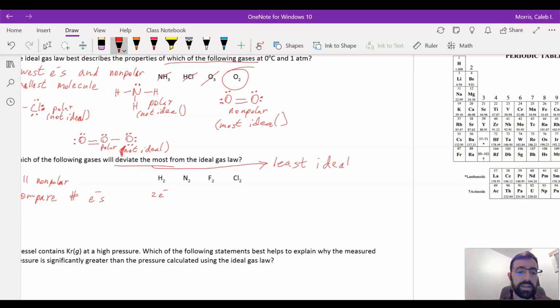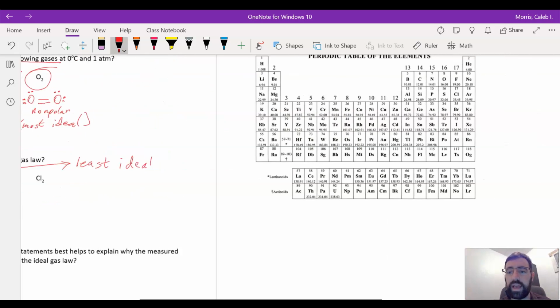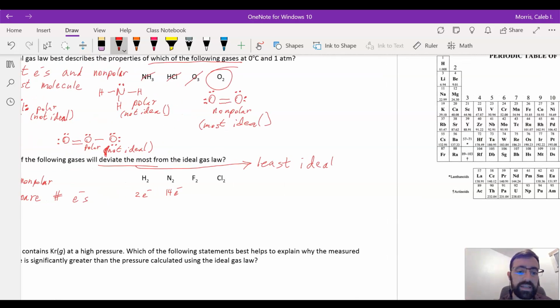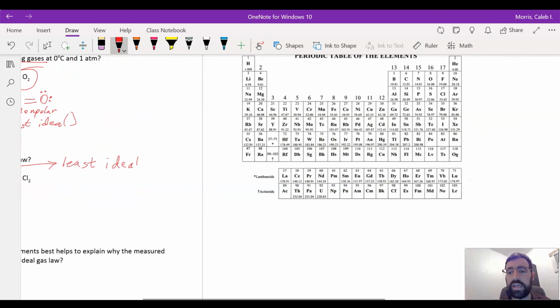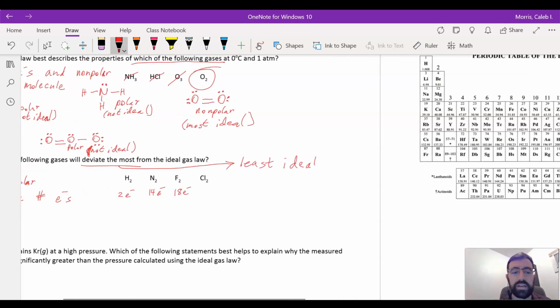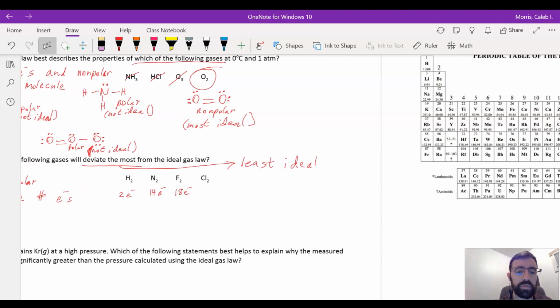So this one has 14 electrons. Fluorine has 9 times 2, that would be 18 electrons. And chlorine, Cl2, has 17 times 2, which is 34 electrons. The one with the most electrons is chlorine.